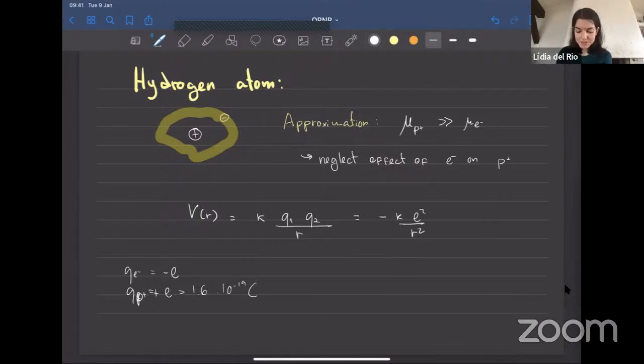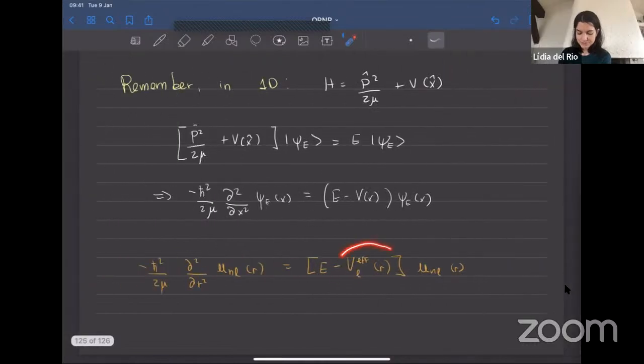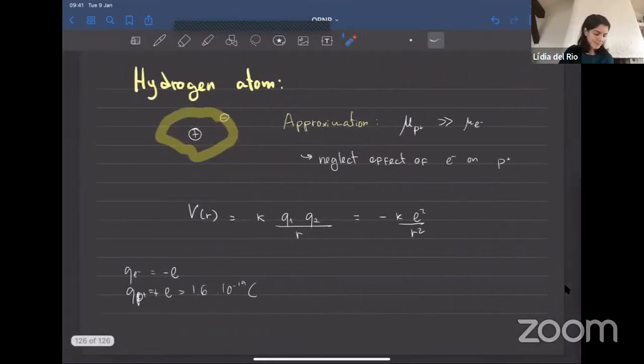So this would be now the potential that we need to plug into here, right? So now we have that V effective is that term that depends on 1 over r squared, and now we have another term that depends on 1 over r. And so maybe I'll just write this explicitly.